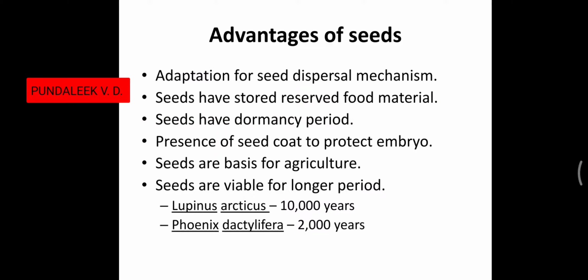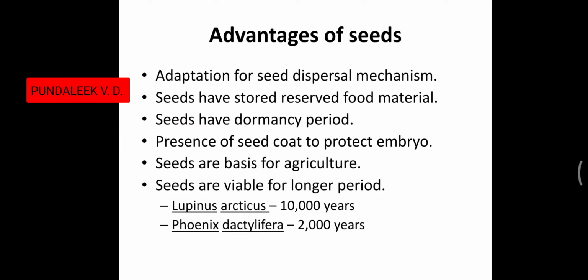The seeds don't have any greenish structure for photosynthesis. So while they are germinating, as seedlings, they don't have photosynthetic parts, but they need energy for their development and growth. In such a condition, without photosynthesis, energy is supplied with the help of the reserved food material.